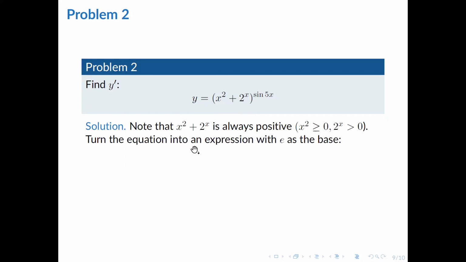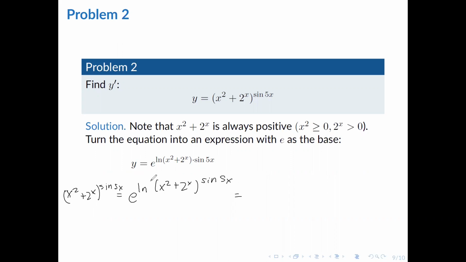Then we turn the equation into an expression with e as the base. So we insert an e here, and we also take the log. If we do e to the ln of x squared plus 2 to the x sine 5x, recall that by the properties of log and the exponential, this is still equal to x squared plus 2 to the sine 5x.